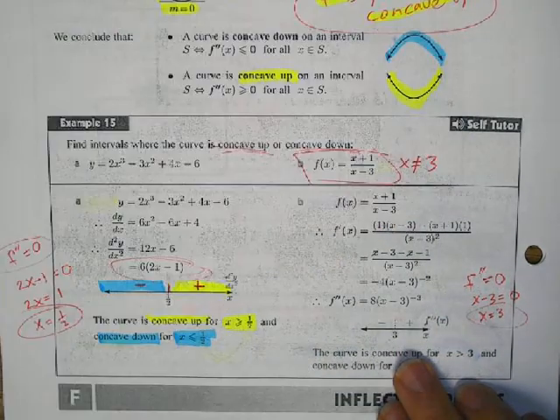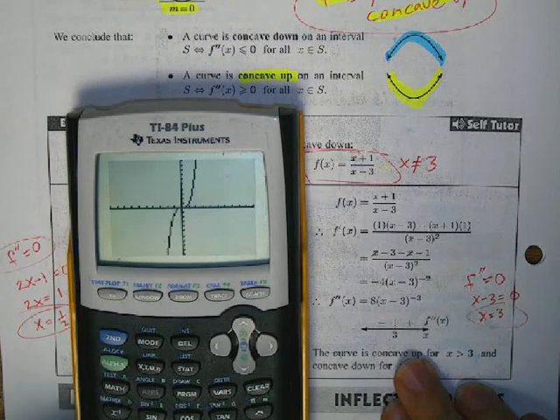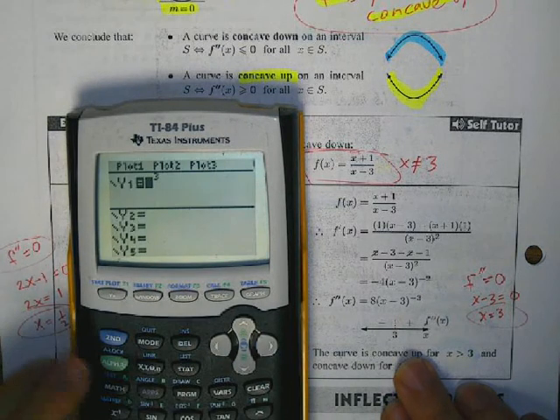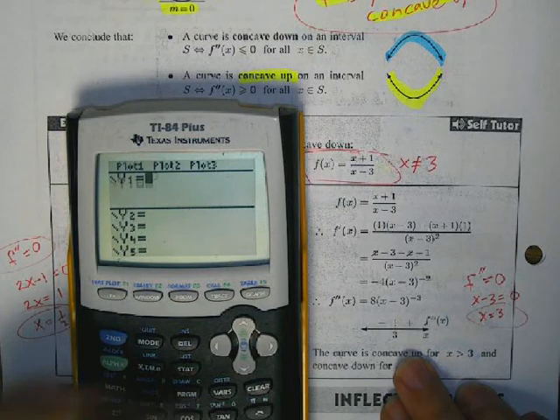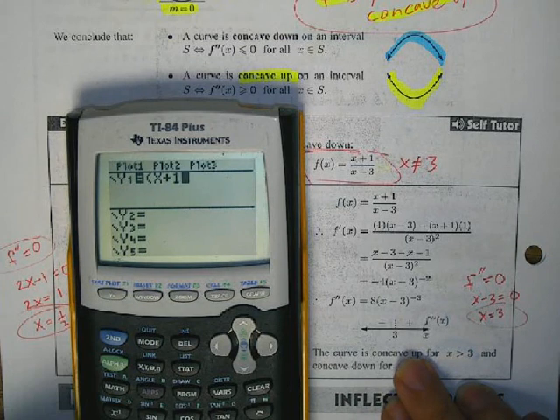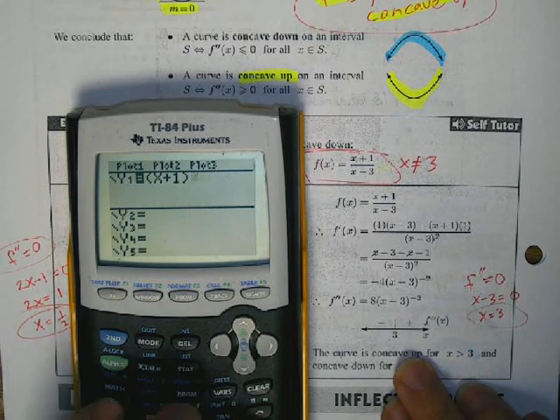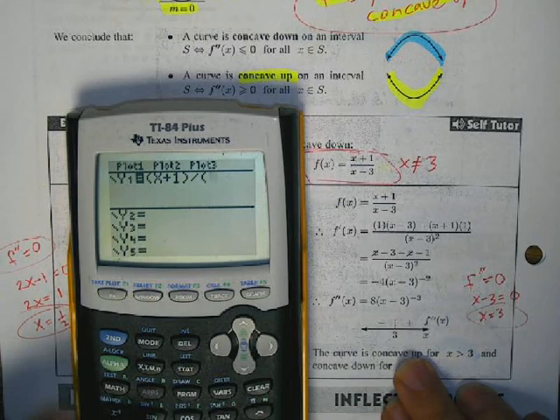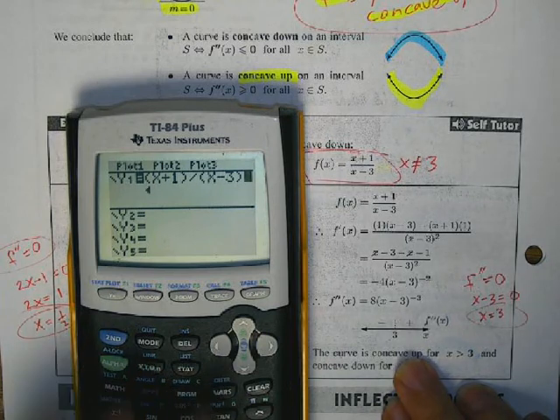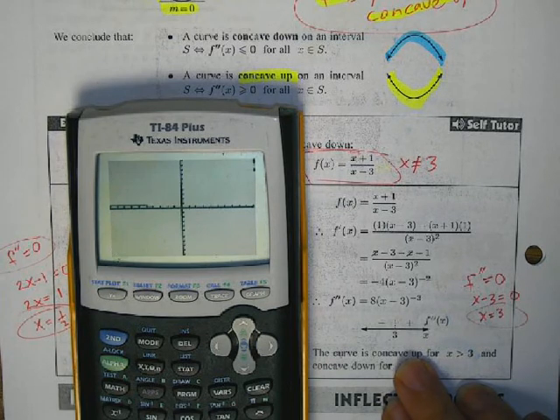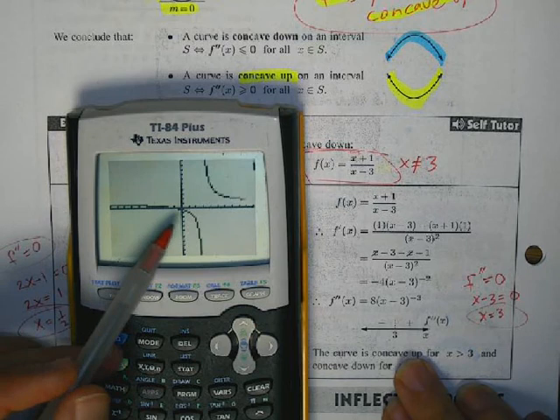So let's just put that in the calculator so we know what that looks like. If I have parentheses x plus 1 close parentheses divided by parentheses x minus 3 close parentheses, and if I graph that, we get a graph like this.